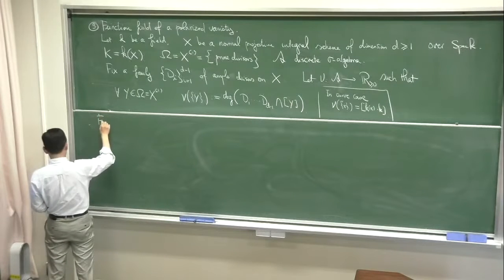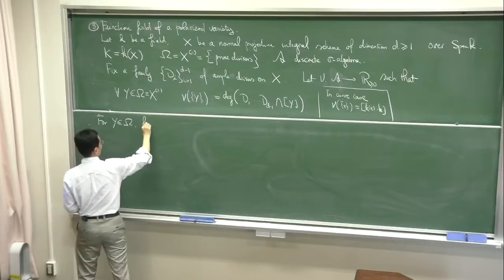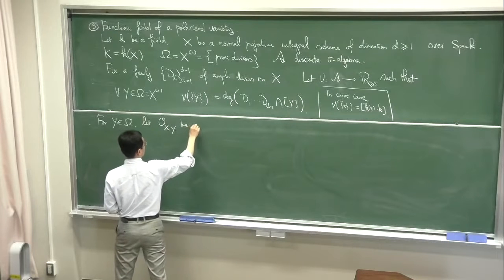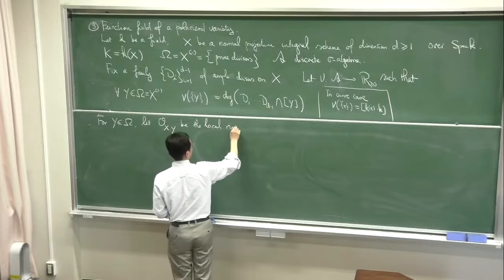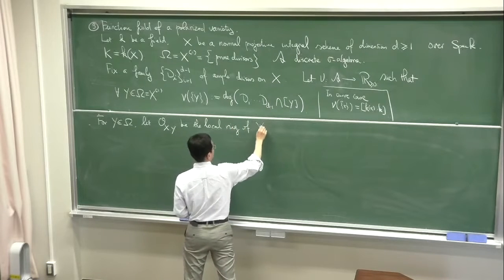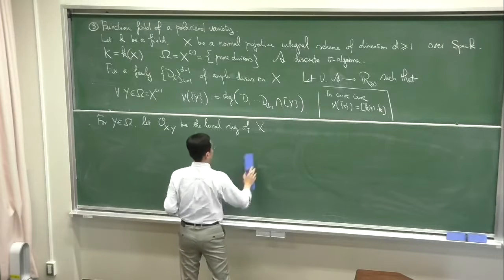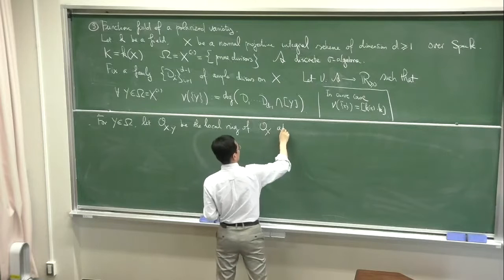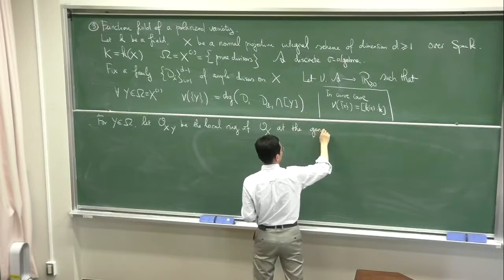Here the situation is similar: for y in omega, let O_{X,y} be the local ring of X at the generic point of y.